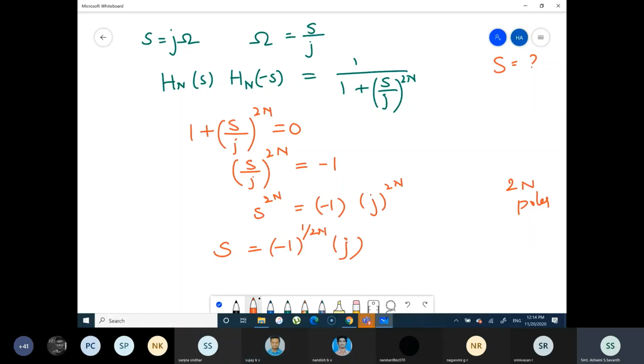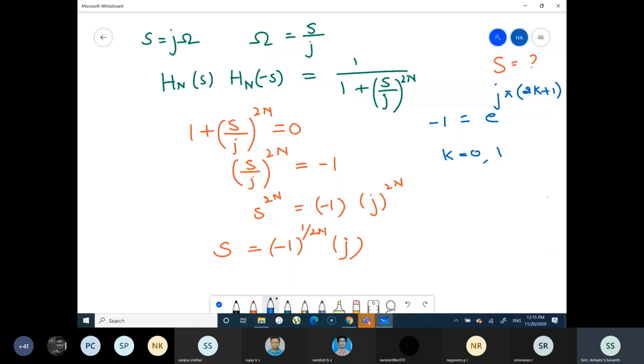For that, we will write minus 1 as e to the power j pi into an odd number, 2k plus 1. Why am I writing it like this? Let's say you put k equals 0. What do you get? E to the power j pi, which is cos pi plus j sin pi, that is minus 1. You put k equals 1, so 2 plus 1, 3 pi.